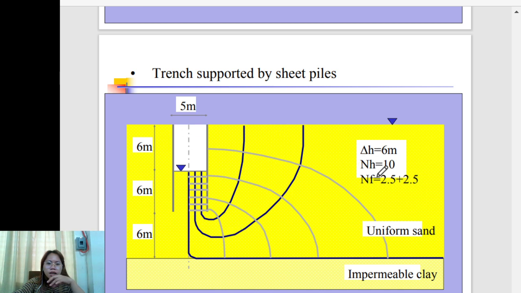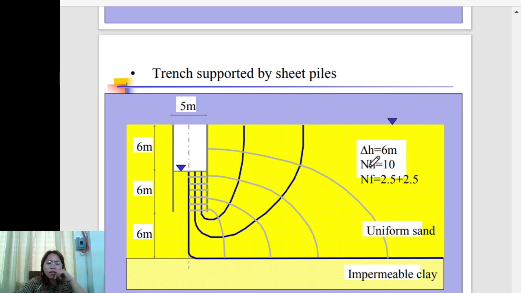Then N sub H, the flow is going this way. Meaning, N sub H is the number of the equipotential lines. So if this is the flow of the water, we have 1, 2, 3, 4, 5, 6, 7, 8, 9, 10. No?